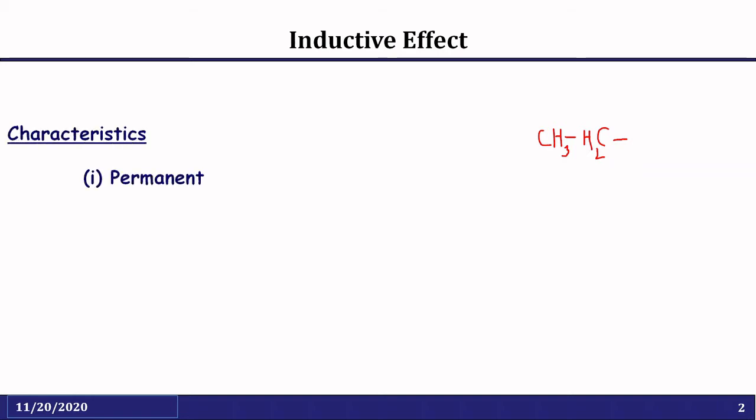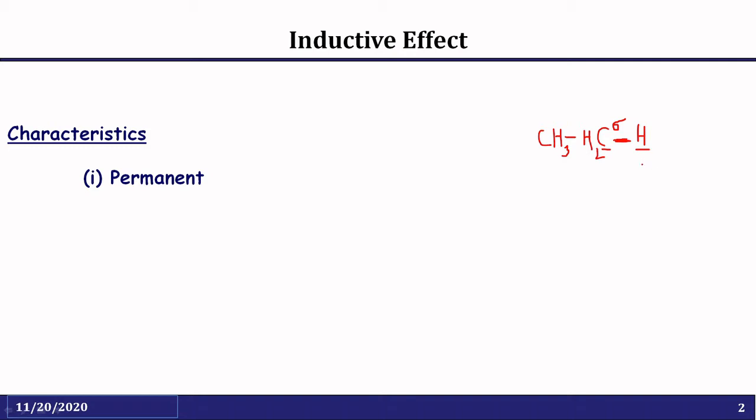So how the inductive effect arises: consider a hydrocarbon which has carbon and hydrogen atoms. Carbon and hydrogen don't differ much in their electronegativity, hence they form a sigma bond by sharing of electrons.